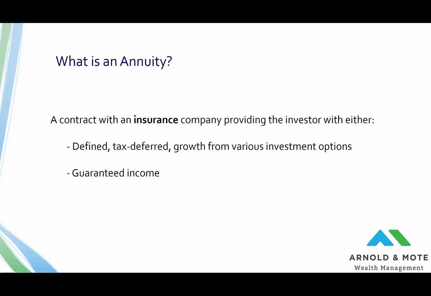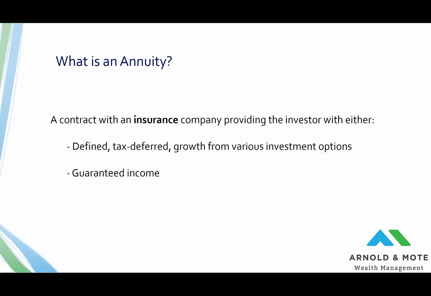So in general, what is an annuity? This can be incredibly complex. We'll see in a sec here why this is really hard to give a specific answer to. But in general, an annuity is some kind of contract that you have with an insurance company that's going to provide you either some sort of defined growth on your investments or guaranteed income.